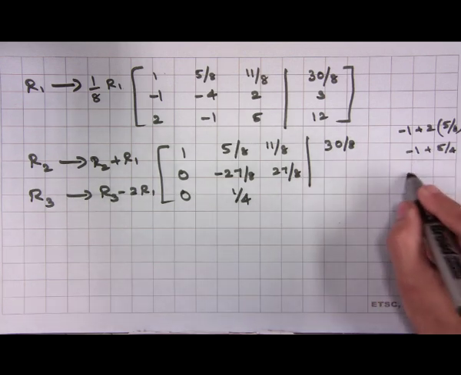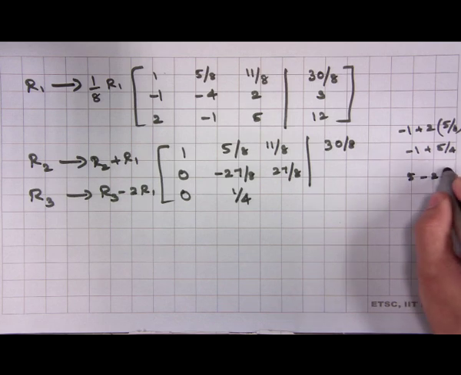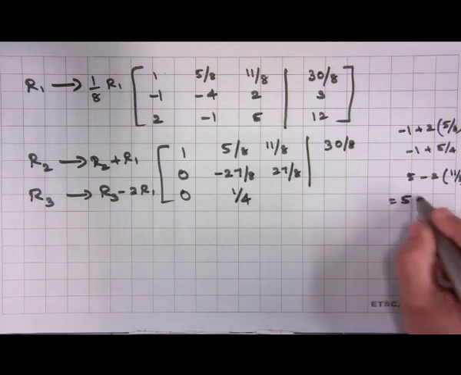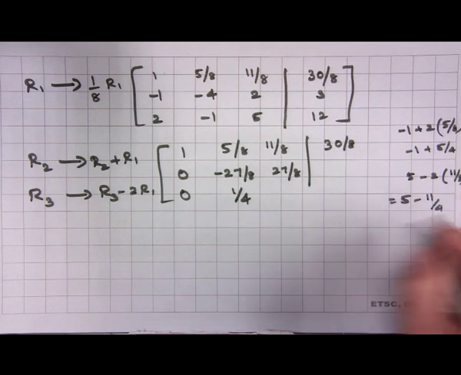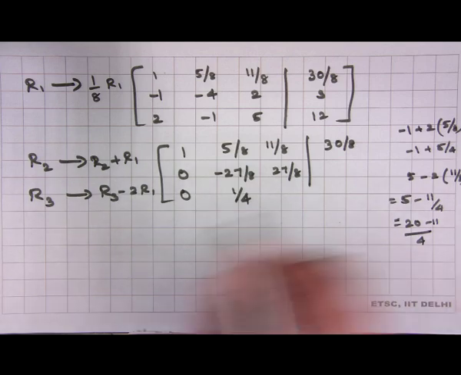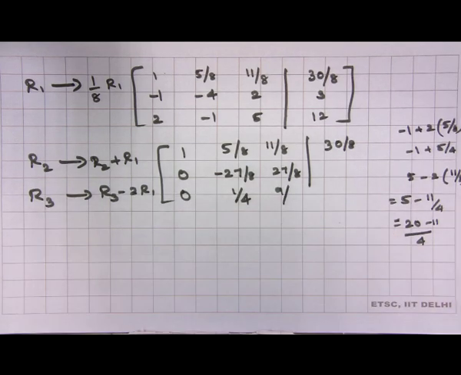and then 5 minus 2 times 11 by 8 which will give me 5 minus 11 by 4 which is 20 minus 11 by 4. So, I will have 9 by 4.